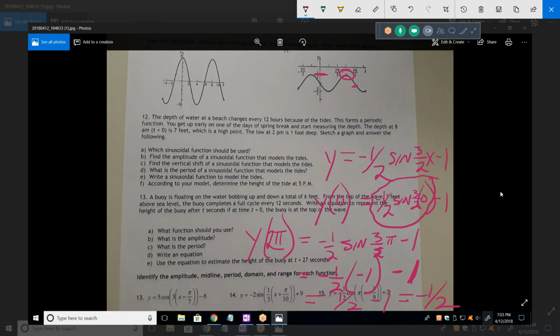In other words, I'm looking at the curve. I know what y of 0 needs to be, -1, it was, and I know that y of pi needs to be -1/2, and I can see that it is. So the minus sign was necessary. If I don't put that minus sign in there, then y of pi will not be -1/2.